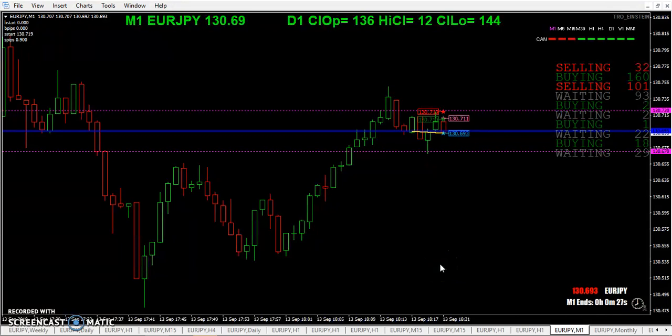It's really a simple concept, but I find it really helps timing when you're looking at your entries. It doesn't matter what method you're using.